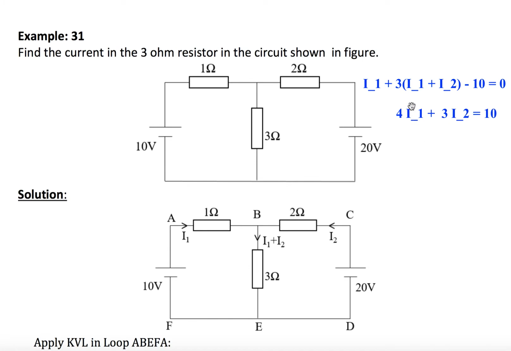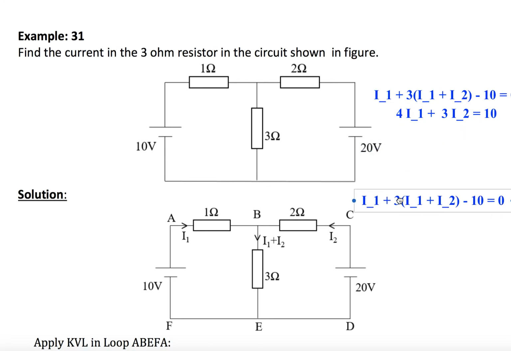What about the second equation? Again proceed along the same lines. CBEDC, this becomes 2 I2 plus 3 into I1 plus I2, minus 20.